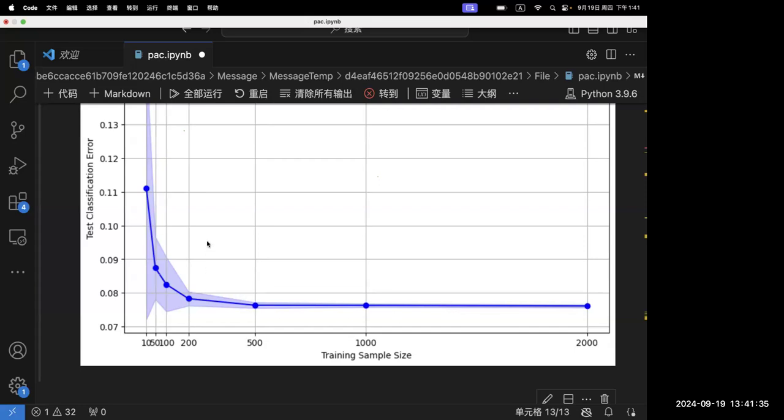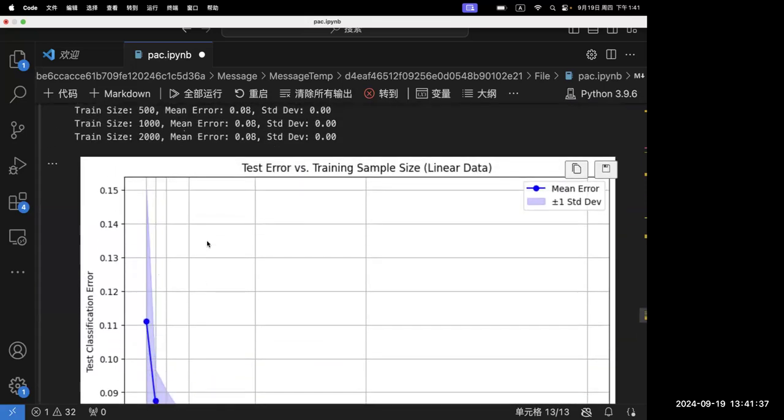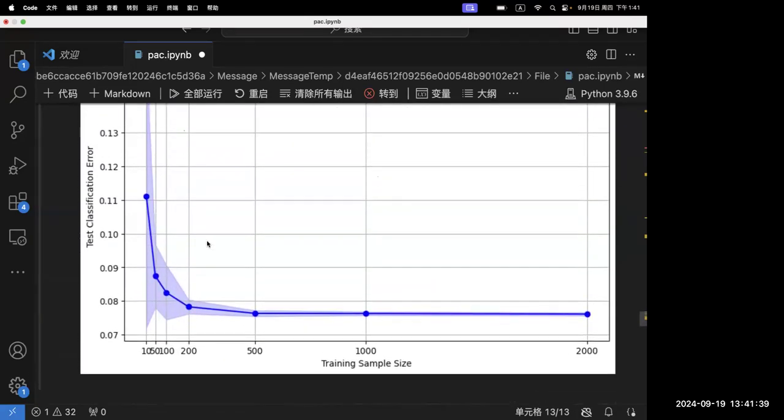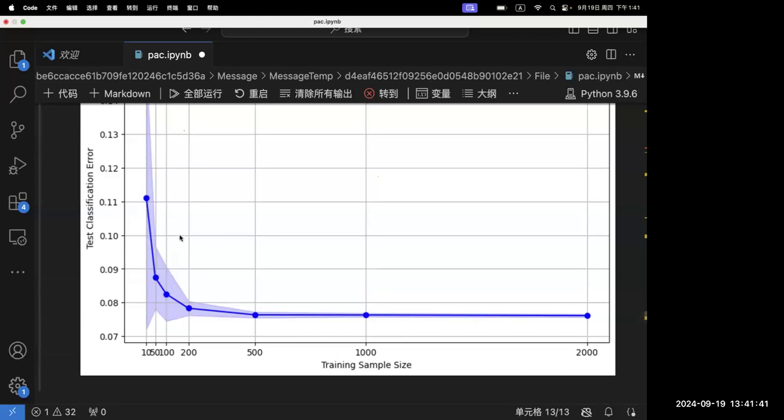Okay, and we will also use this figure to link the estimation error, sorry, not the approximation error, but just the estimation error, to the PAC learning framework. So we know that for the PAC learning framework, if we have more training data, then we are improving both the probability and the level of approximation, right?